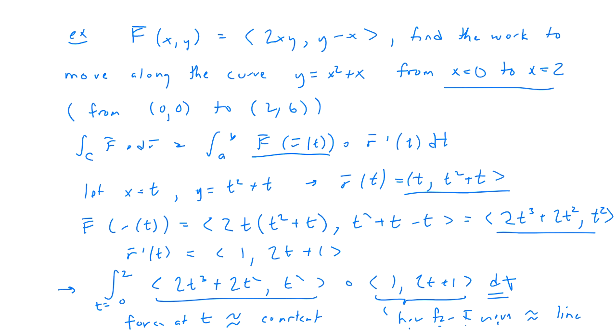So if we think of it as work, you can see exactly what's going on here: we're taking the dot product of the force and the distance, as we usually do, and then adding them up over all the little pieces. So this is what's going on with line integrals. And as I said, it's easy to think of this as work, but it would apply to other types of things.